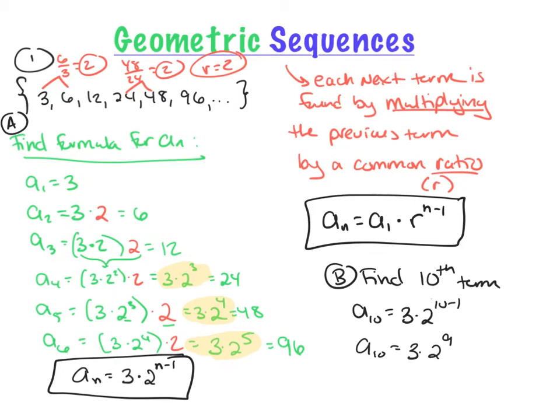Now, when you're doing these, make sure that you're using order of operations. So do 2 to the 9th first, which is 512, and then multiply by 3 to get 1,536 for our 10th term.